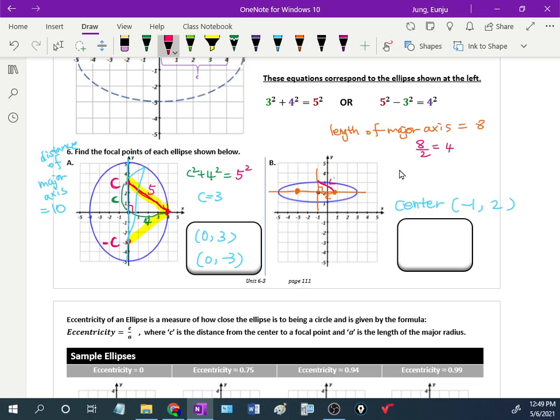So that will be 4. Make sense? Why is it 4? Because we have another one here. If you draw it, this is going to be the string to draw this oval shape, okay? Ellipse. So 4 and 4 together makes 8. So the major axis is given here, so we will take half of the number. So this will be the hypotenuse of the right triangle I'm using here, okay?